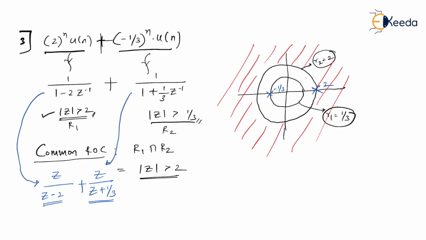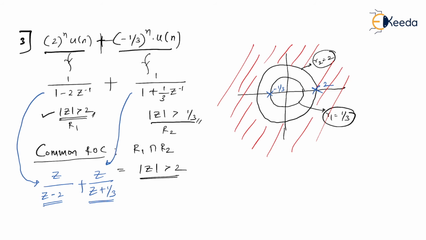Now, let me come to some shortcuts. Just pay attention to what I'm trying to convey. I'm using a shortcut in order to get the ROC directly. In case required, you can note down what I'm telling you. First point, whenever you multiply a particular function with u of n, most probably it is going to become an infinite length sequence, and that could be a right-handed sequence.